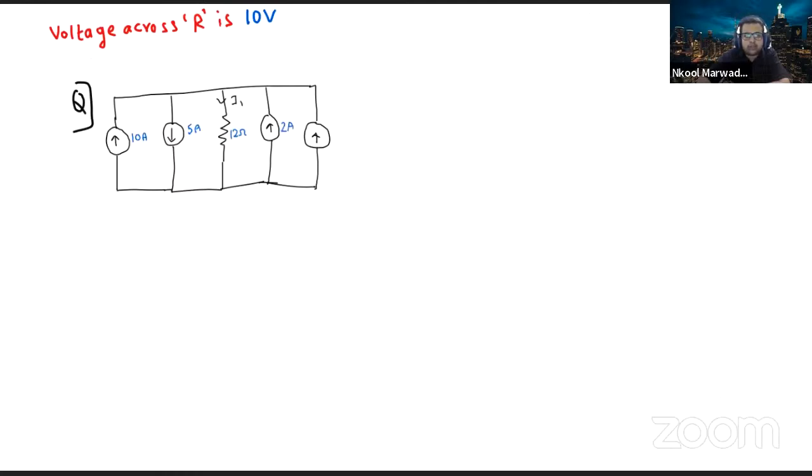What is asked in the question is find the current through the 12 ohm resistor. This is what is asked.